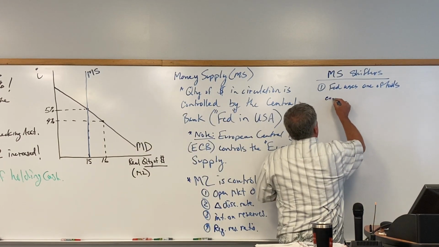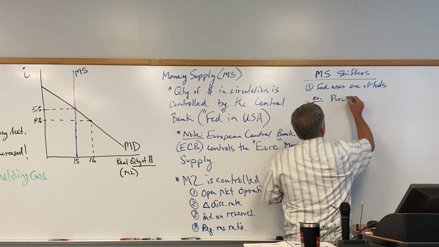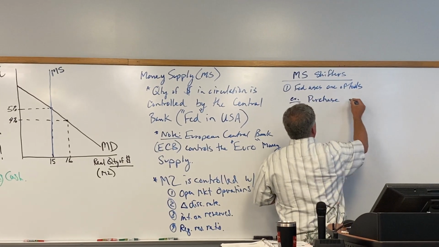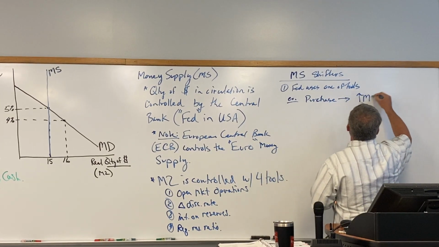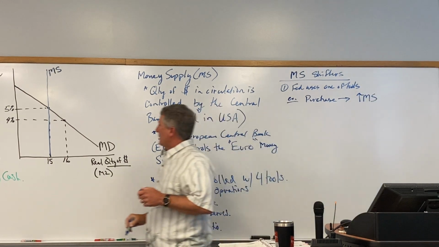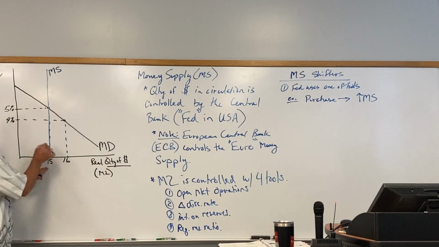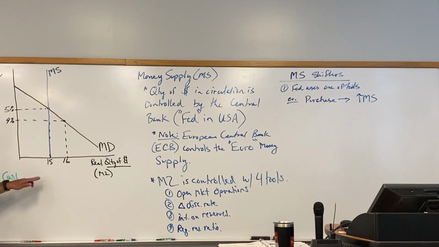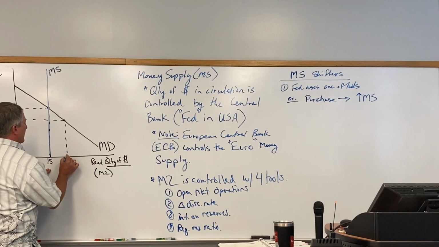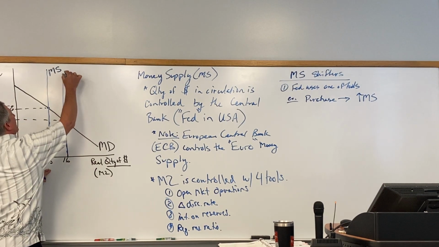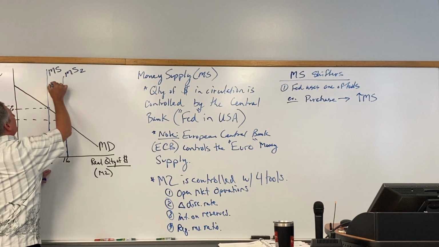So example, a purchase leads to an increase in the money supply. So we'll use a little shorthand. Now graphically, with the way we've got this going, it's going to be a shift to the right.